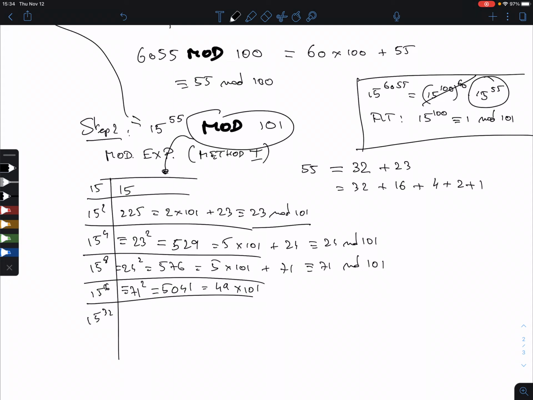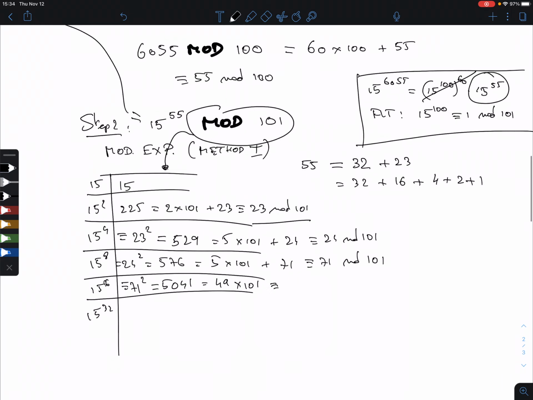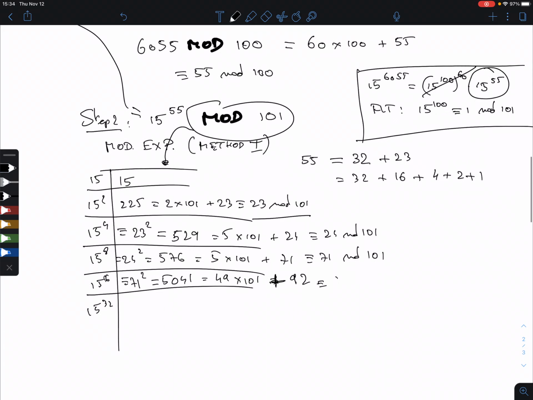So what am I missing here? So this is 4949 plus 92. Let me double check. Yeah, I think it's correct. And then that's 92 mod 101.